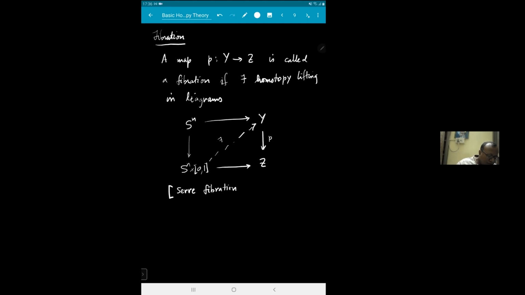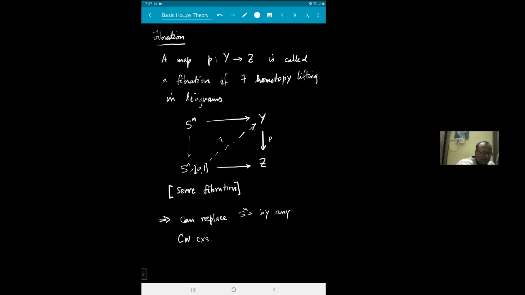From here you can conclude that if this condition is true for all S^n, I can replace all S^n by any CW complexes. So I can just take X and X cross [0,1], where X is a CW complex.